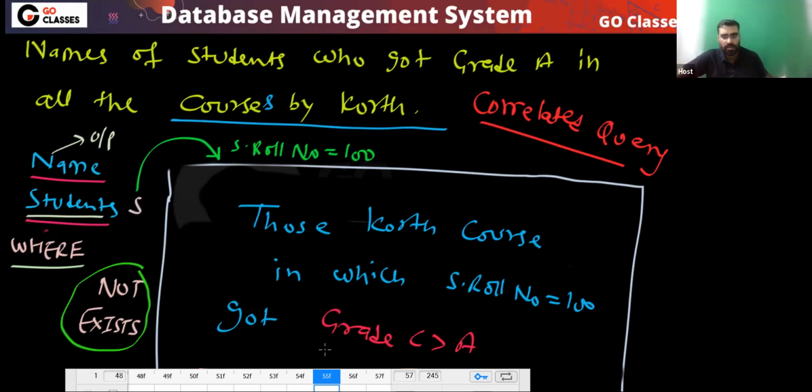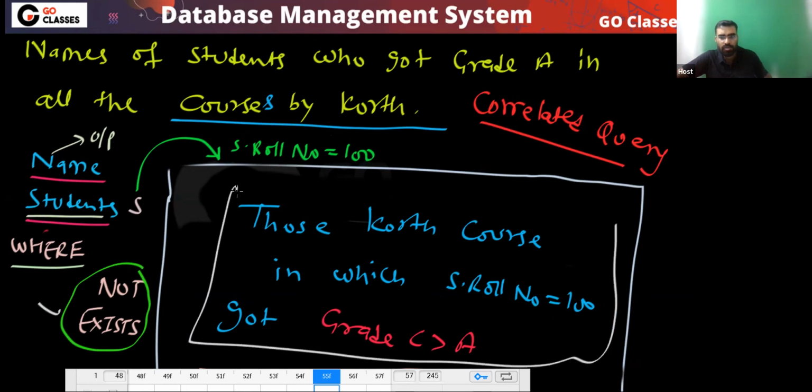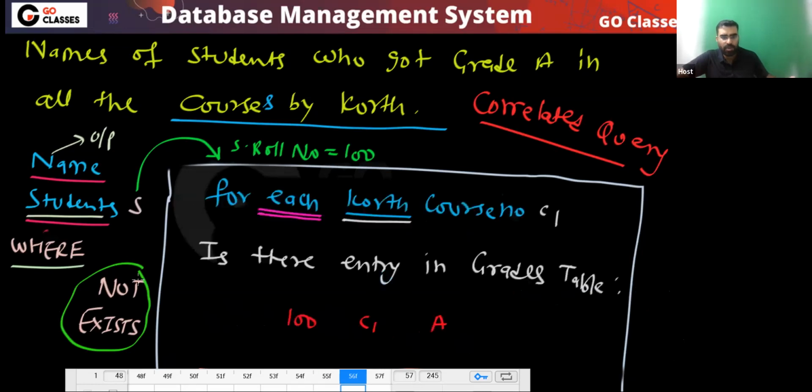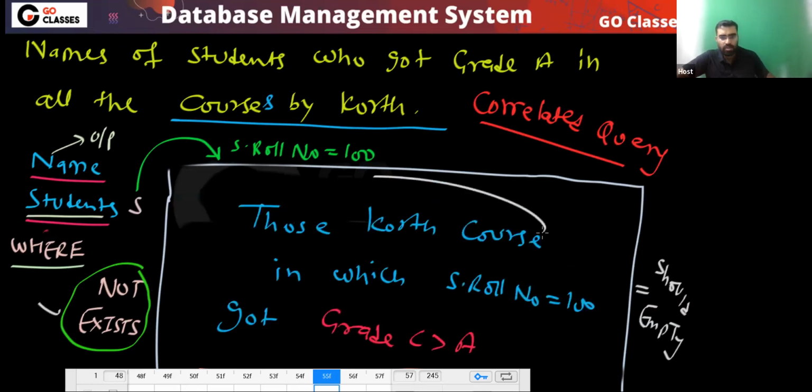Those courses in which this roll number got grade A, this should be empty. That is the reason we are putting not exist here, because this should be empty. Yes or no?